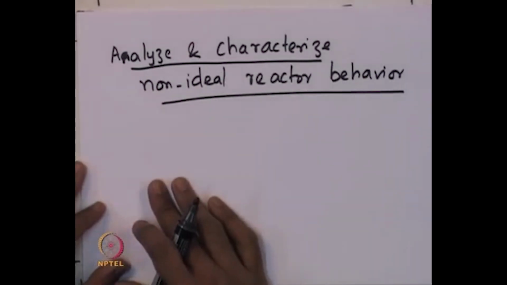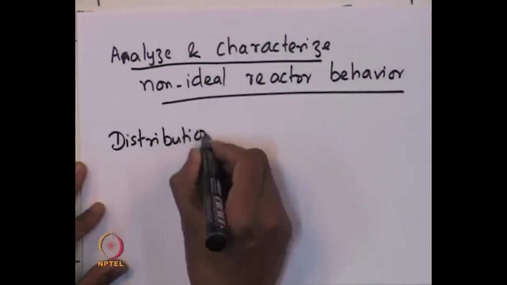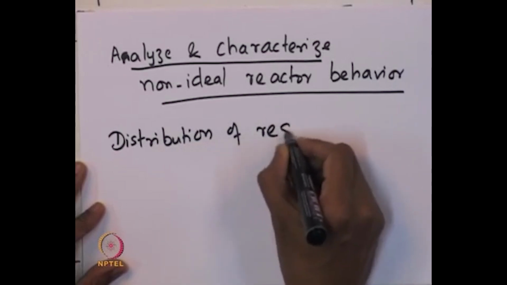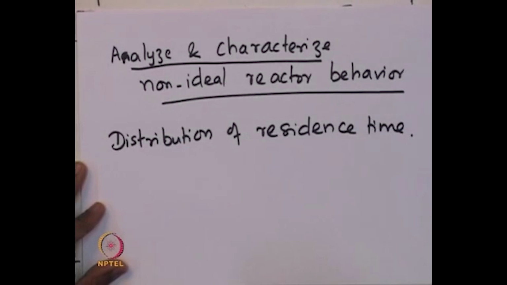The key piece of information used in order to analyze and characterize non-ideal reactor behavior is the distribution of residence time. Residence time distribution of a reactor quantifies the time spent by various fluid particles in the reactor and is a characteristic of the mixing that occurs in the reactor.